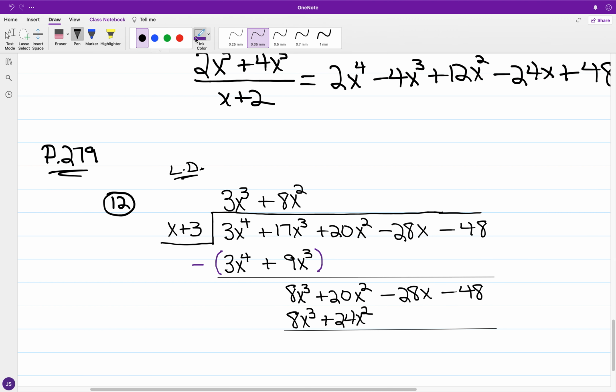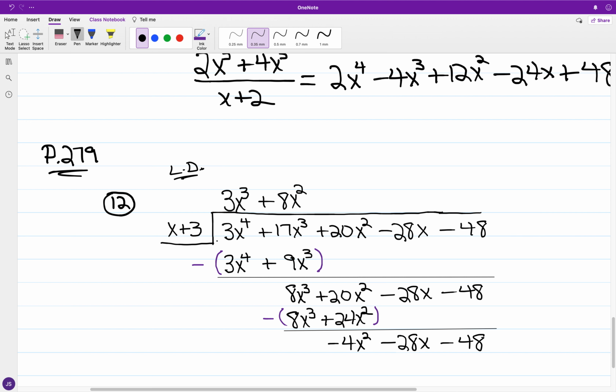And so looking at taking the difference, leading terms will cancel out. Now we got 20x squared minus 24x squared, so we have negative 4x squared. And I can just bring down the negative 28x and the negative 48.